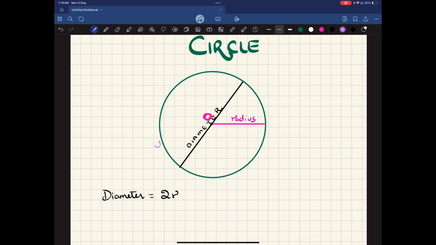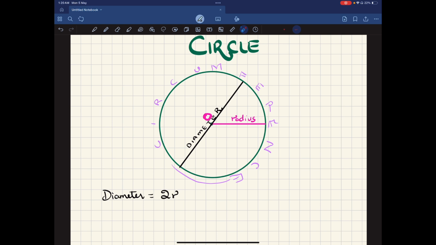So this is the circumference of the circle, the distance around the circle or the perimeter.